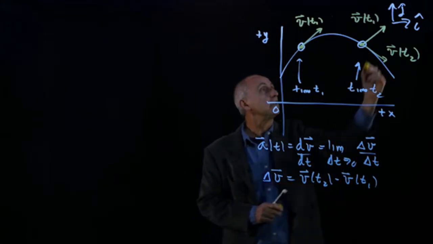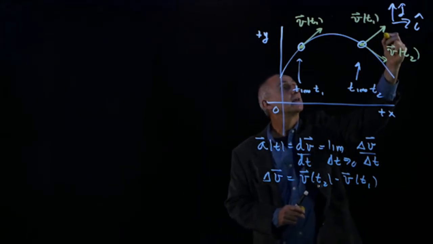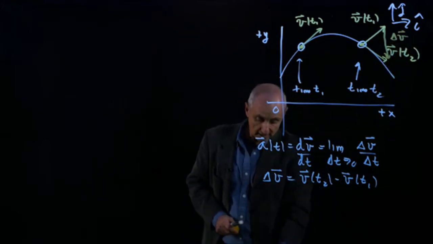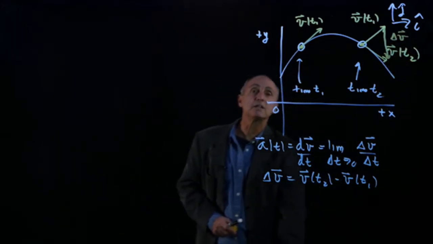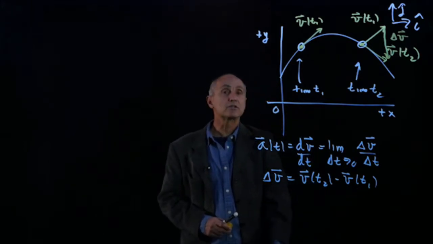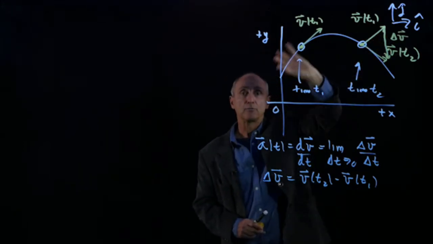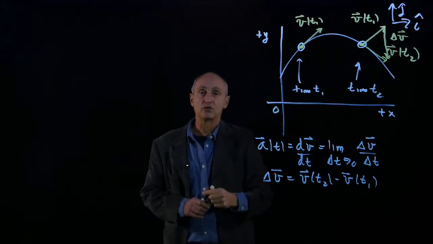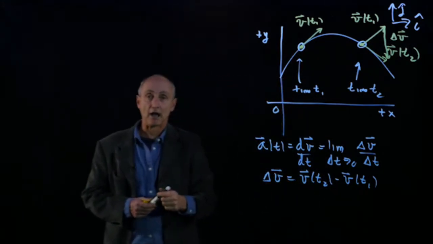And so delta v is just the vector that connects here to there. That's what we mean by delta v. And so you can see in this particular case that it's not obvious from looking at the orbit what the delta v is. So what we need to do is just trust our calculus.